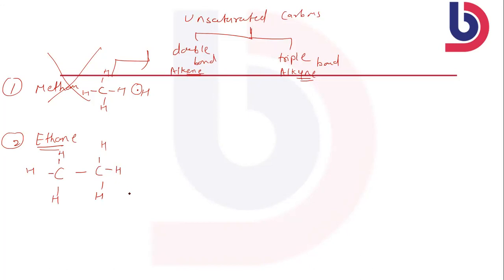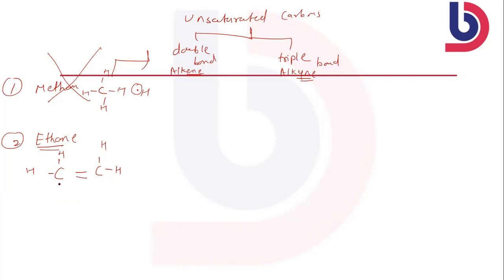Now, if I want to make a double bond, then I cannot make it with the hydrogen. It is a bad option because hydrogen has only one valence electron. So that's why we are going to choose carbon. Carbon has four. So what we can do is remove one hydrogen from both the carbon, and make a double bond between the two carbon.